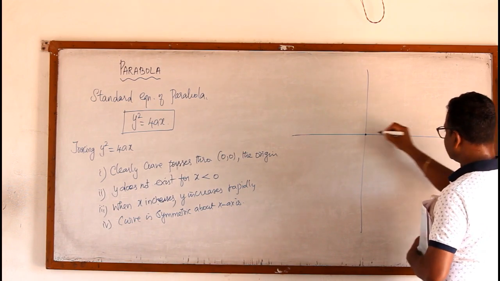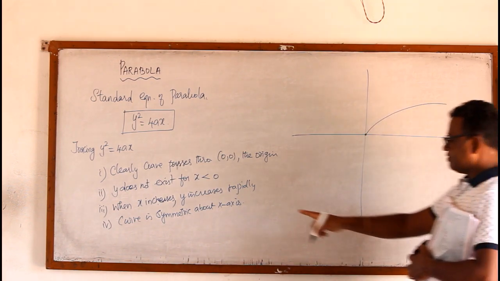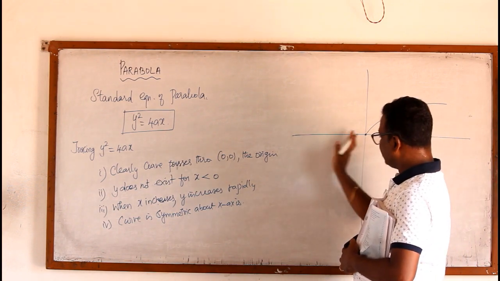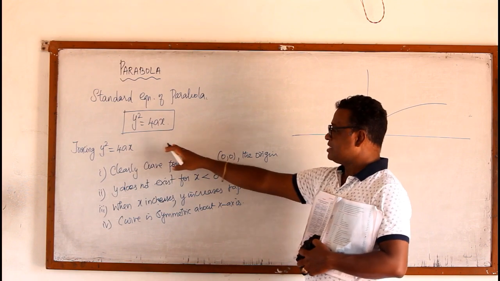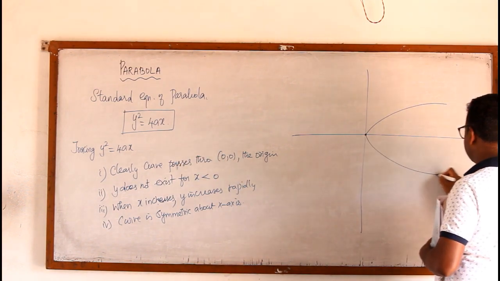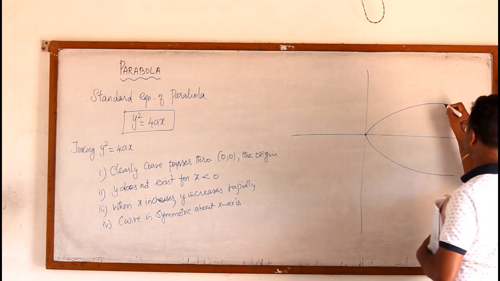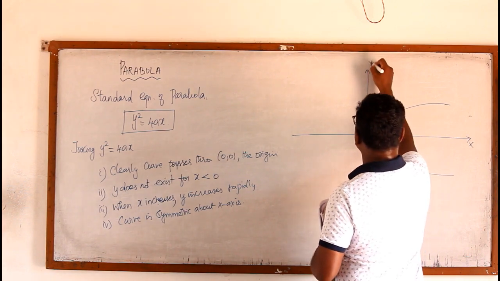As x increases, y increases rapidly. The curve passes through the origin, does not exist on this side, and is symmetric about the x-axis. So the same shape I have on the other side of the x-axis. So this is the parabola. This is the x-axis and this is the y-axis.